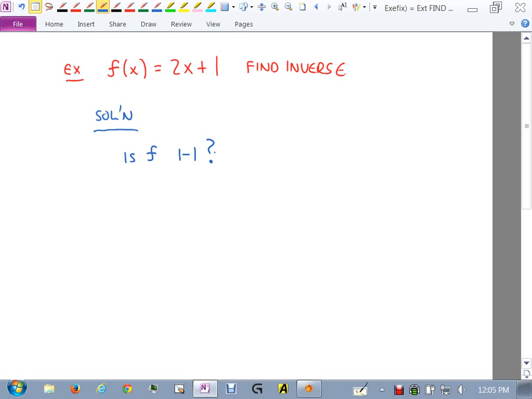It's a line, right? Isn't that a line? So if that's a line, does that pass the vertical and horizontal line test? Yes. Since that's a line, it's 1-to-1, right? If it's 1-to-1, it has to have an inverse.